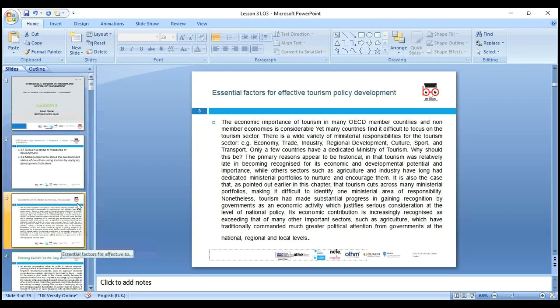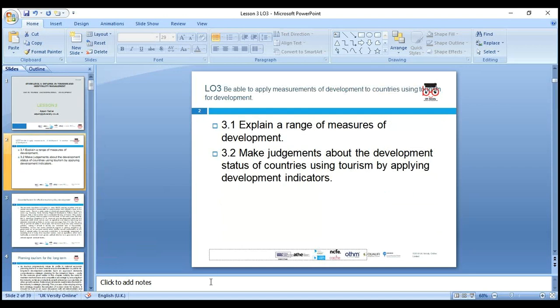There are a lot of factors. What do you think? What factors indicate development? We could look at the macro factors, maybe economics, politics, social, the environment, technology factors.